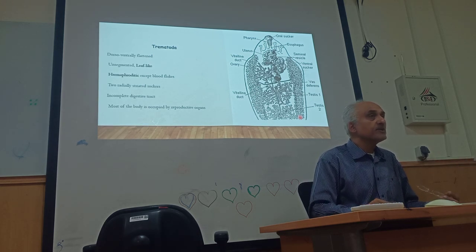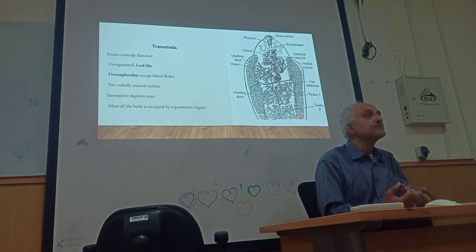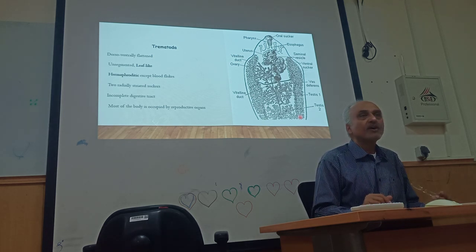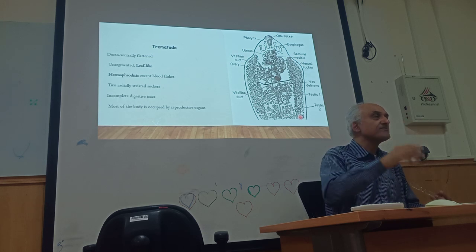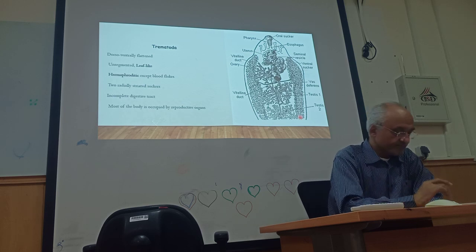No, this is not. Because the absorption, taking food, in these worms is through the tegument. So they can get something from the oral sucker, but not this. This is just for attaching themselves to the host.